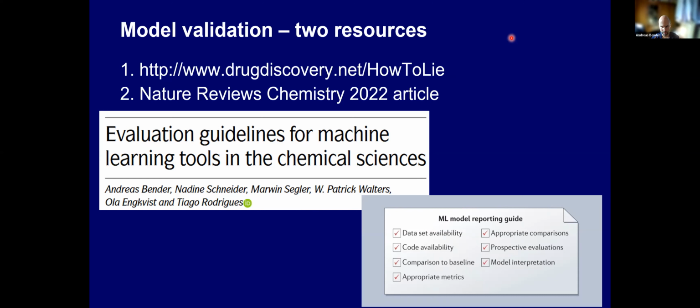That outlines which performance measures we have and what we need to watch out for when it comes to chemical data. There's also a checklist to hopefully move towards more reproducibility in our area, to make code available, and so on. So if you're publishing machine learning models in the life sciences chemical area, I would encourage you to read those papers as well.